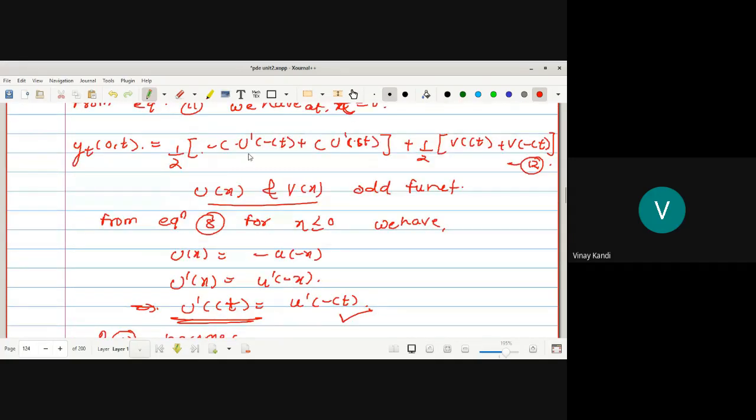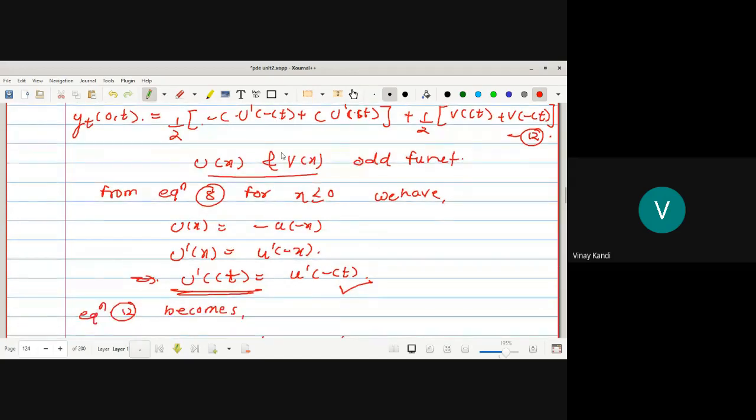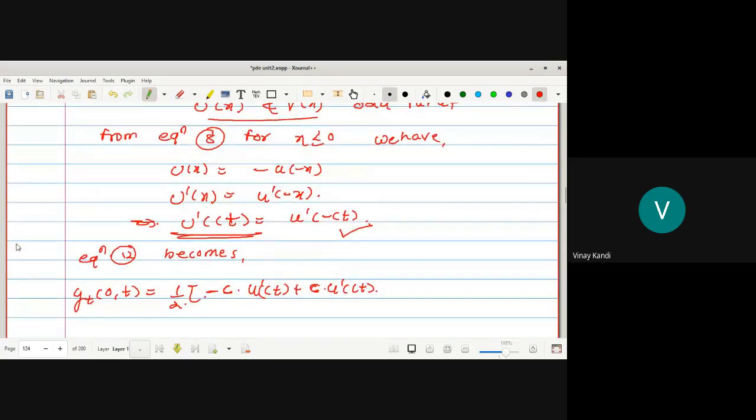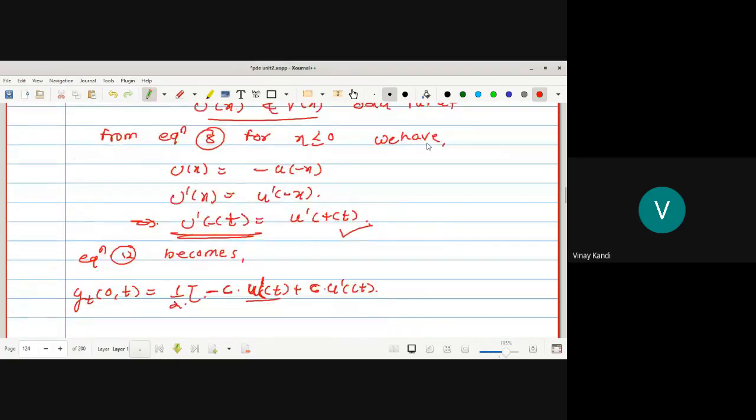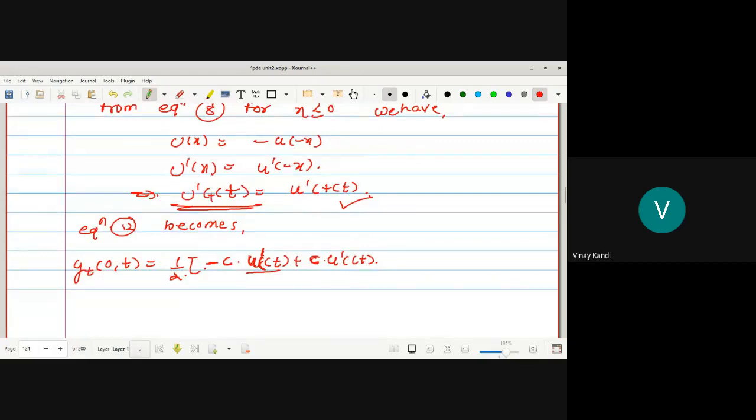Look at here: minus u dash of minus ct. What is u dash of minus ct? If we put minus here, this becomes plus, so it is small u dash of ct.